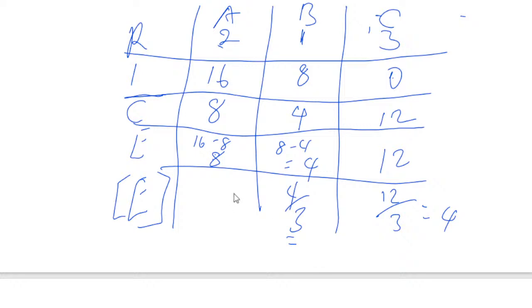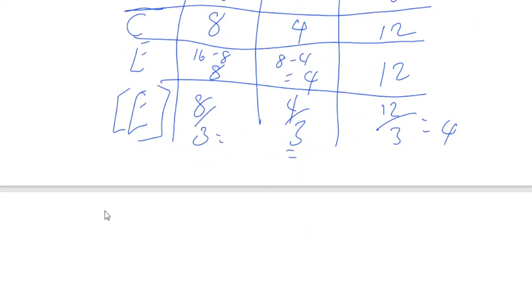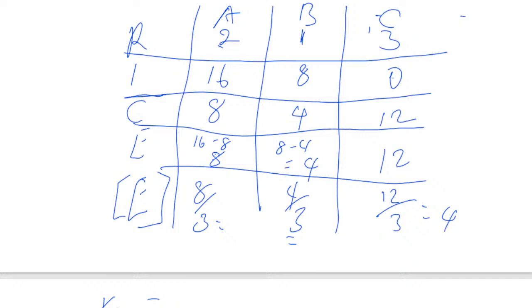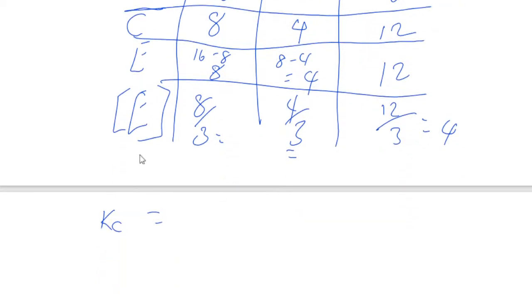And then 8 divided by 3, so you get the answer there. I don't have a calculator to do that. You can calculate it out. So whatever you get here, now you put it in the KC expression, whereby in this case C is the product and it has 3.